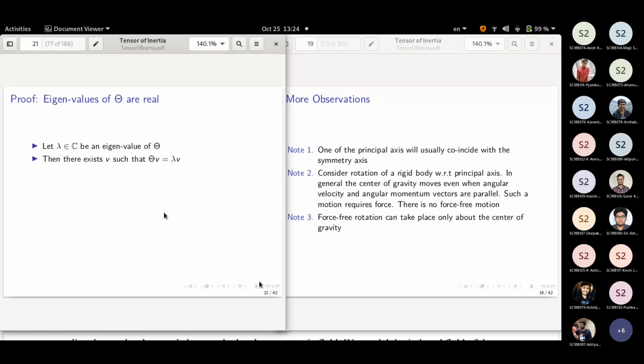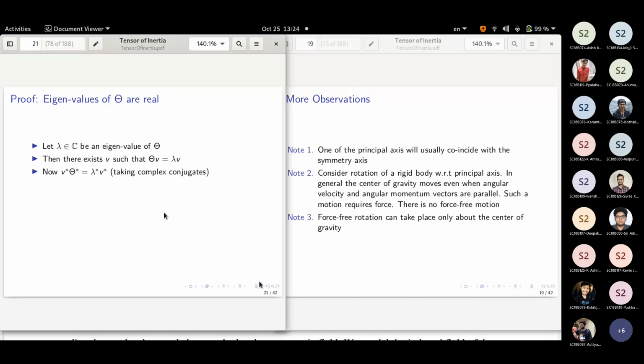Whenever something is an eigenvalue, it means that there exists an eigenvector V such that theta V equals lambda times V. This is the basic definition of eigenvalue and eigenvector. Now, if you take the complex conjugates on both sides of this expression, we obtain V star theta star, which is basically like the transpose in the real case.